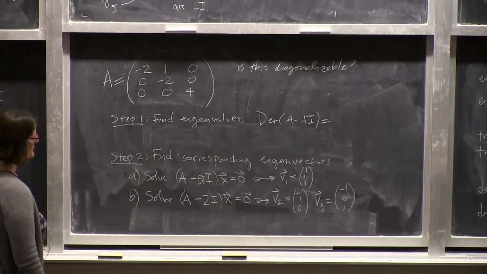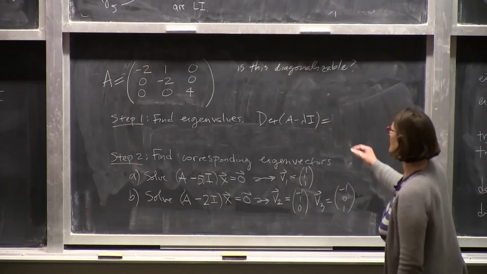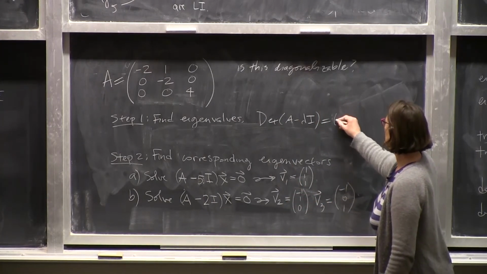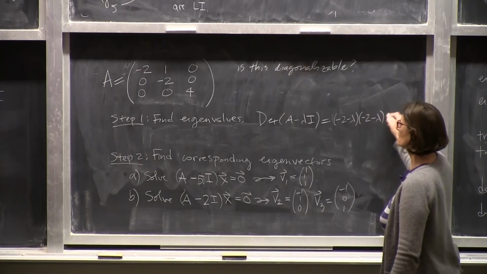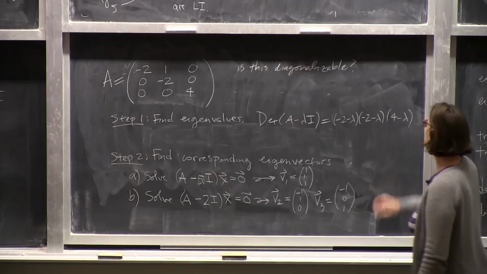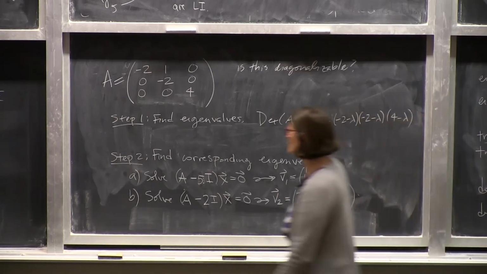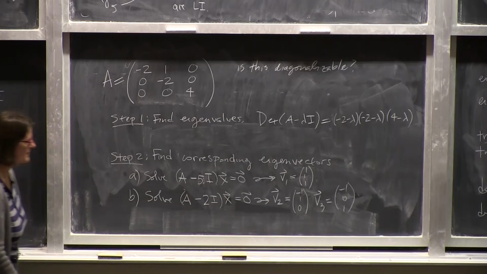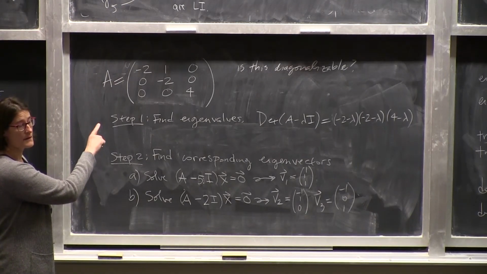Find the eigenvalues. So I compute the determinant of A minus lambda I. And I'm going to get -2 minus lambda times -2 minus lambda times 4 minus lambda. Because you know how to compute determinants of upper triangular, lower triangular, and diagonal matrices. This is what type? Upper triangular.